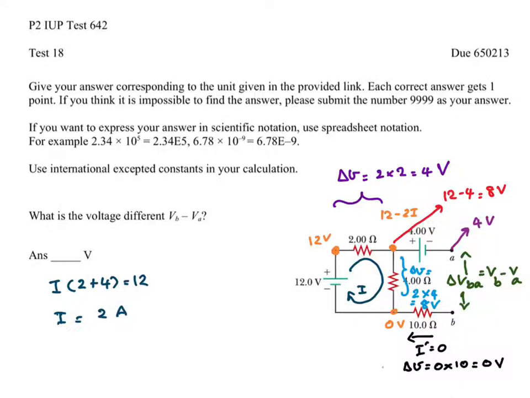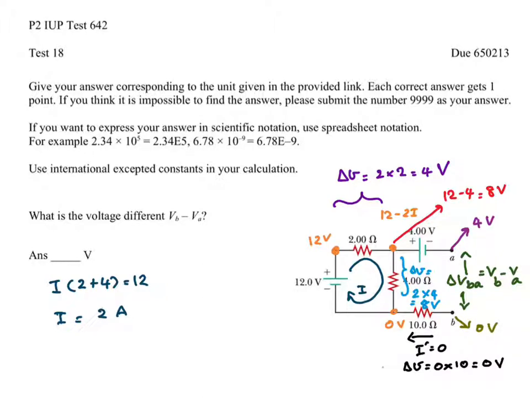Because we have the resistance here 10 ohm, but the current across this resistor is 0. So the voltage at this point compared to this point is 0, and the voltage at the point B is 0 volt.